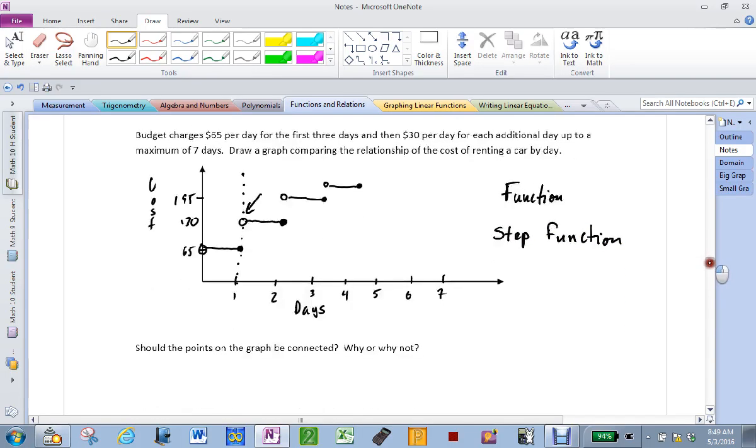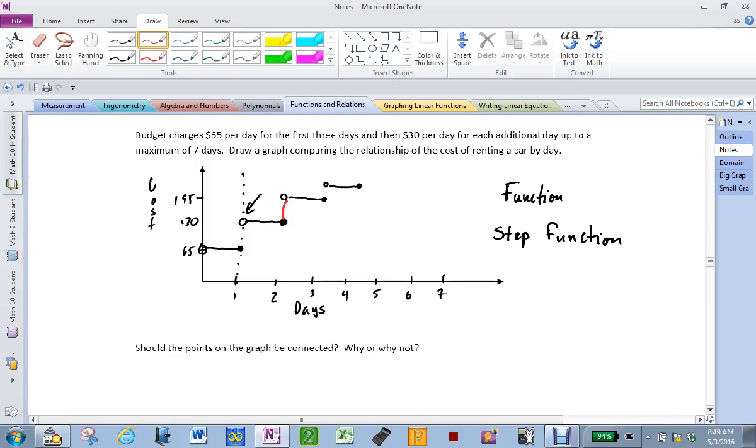Now, let's do some arguing. Should these points be connected? Should this line in red exist? No. Why? One's open, one's closed.